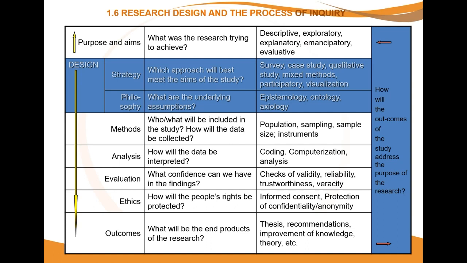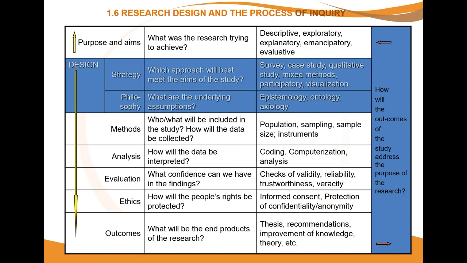I know students sometimes think, especially those in the social sciences, oh no, I'm really scared of numbers and statistics. So I'm just going to say I'm doing qualitative research and get all of that behind me. But can you see it is the wrong strategy? The strategy is which approach will best meet the aims of my study.